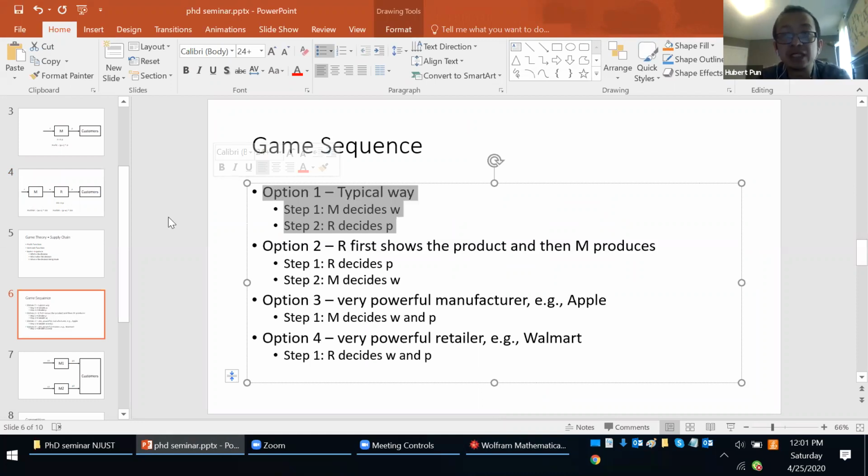R decides P would be the last step. So for backward induction, I first solve for the price that the retailer charges, assuming there's a W. Then I solve for the wholesale price for the manufacturer. That is called backward induction.